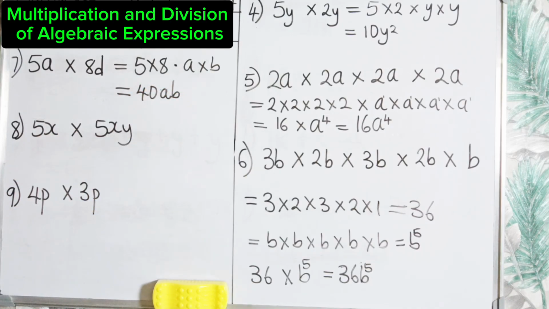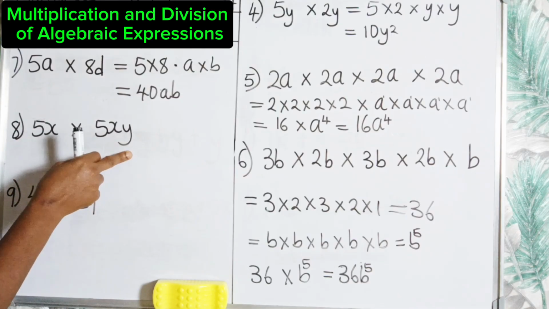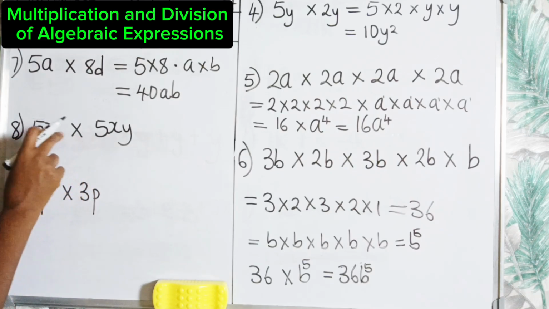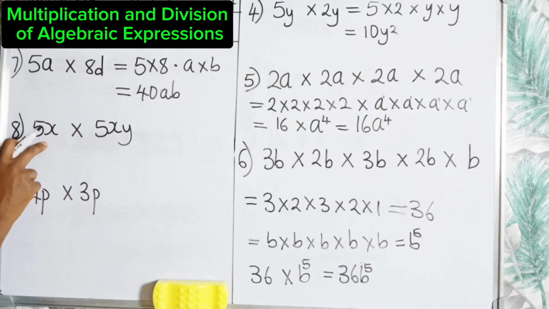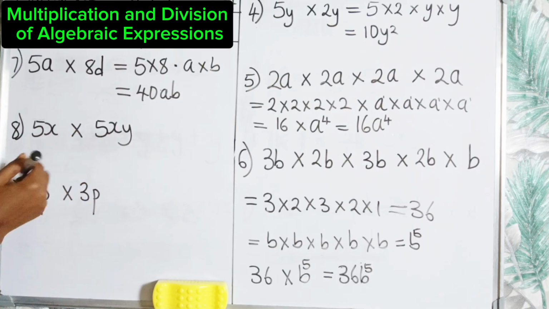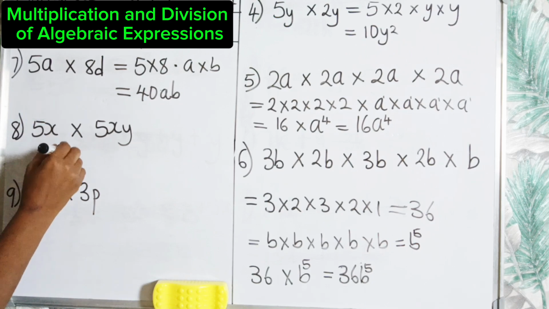Okay, so in the next question we have 5x times 5xy. We still apply the same principle. We multiply the coefficient. So the coefficient of x here is 5. The coefficient of x here is also 5. Okay, so here I'm going to have 5 times 5 is 25.